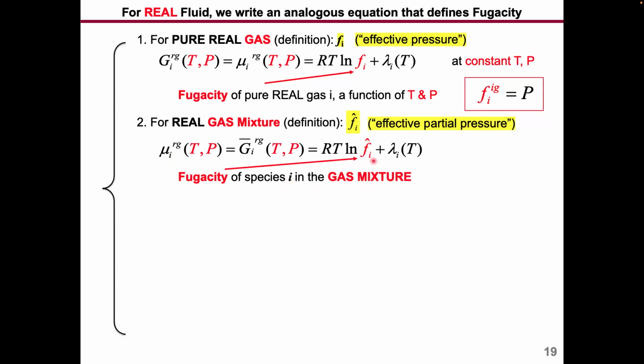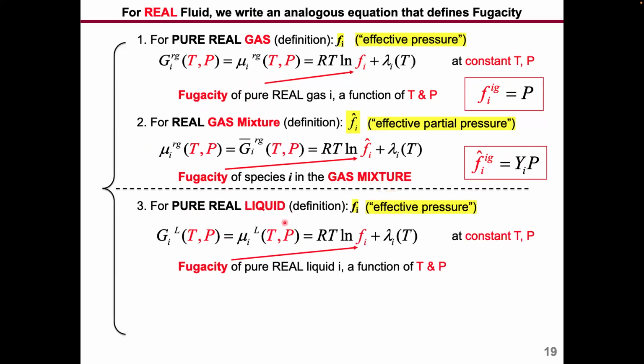Okay, and then by definition, this f_i^IG, basically in the ideal gas state, is equal to its partial pressure. So this f_i hat can be thought of as effective partial pressure, right?